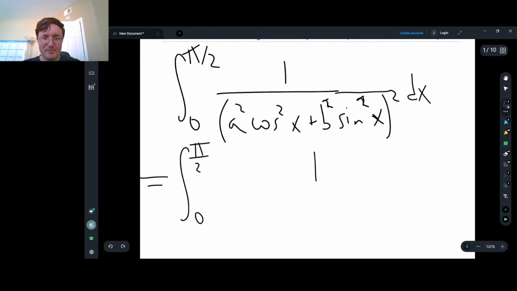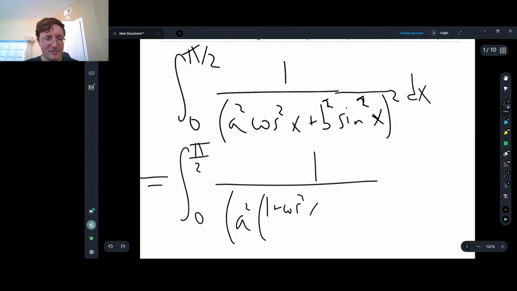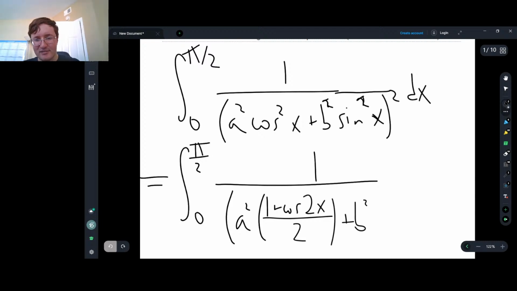Cosine squared is (1 plus cosine 2x) over 2, and then sine squared is (1 minus cosine 2x) over 2.